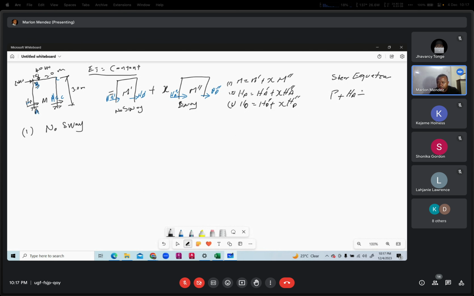So this plus that means D. That is what we're trying to establish in terms of equilibrium. So let's go.